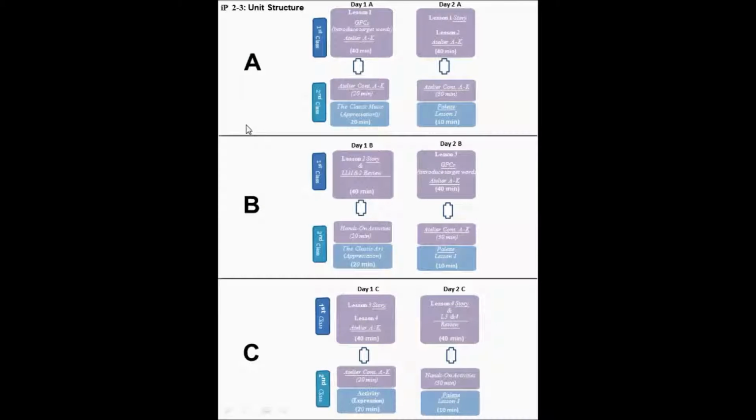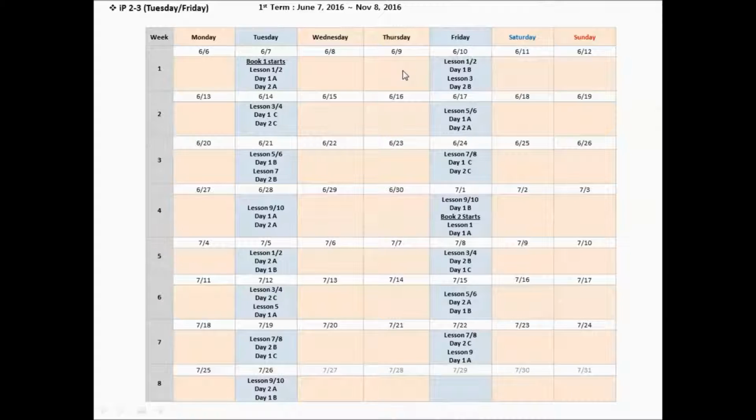So now let's compare that with the class structure. You saw in the operation plan, they're studying day 1A and day 2A. So you would need to cover all of this on June 7th in a span of 3 hours. Now let's take a look at what they'll be learning on the next day. When they come back to class on Friday, now it's time for them to be learning day 1B, and then day 2B. When they're on day 1B, they're actually studying lessons 1 and 2.